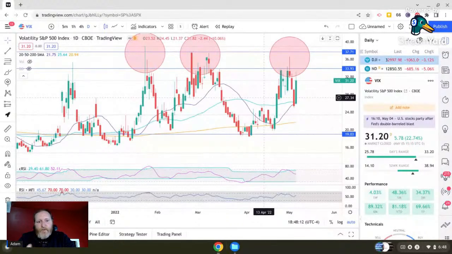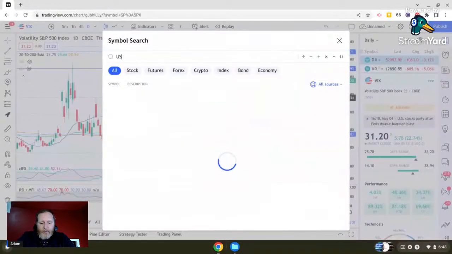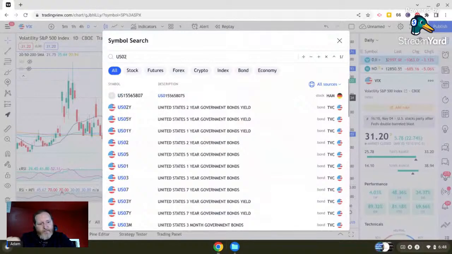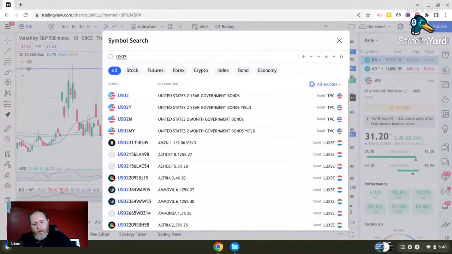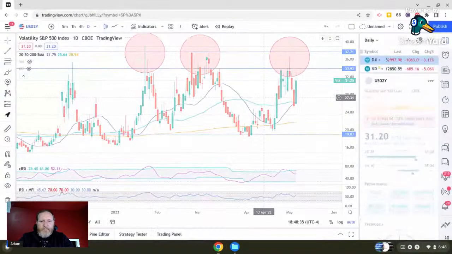All right, let's look at the 2-year yield and what it did today. And remember, the 2-year yield is more sensitive to changes in the Fed funds rate. US 0.2, you have to put that 0 in there. That gives you the 2-year.